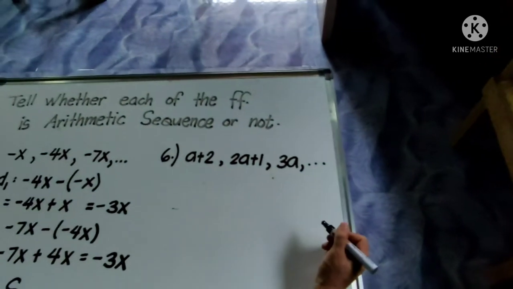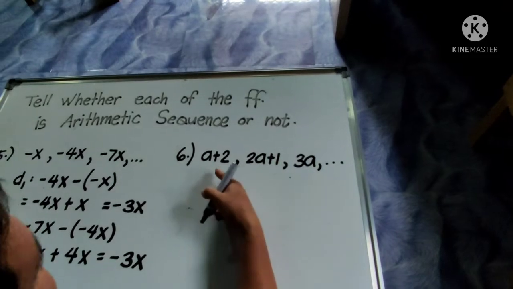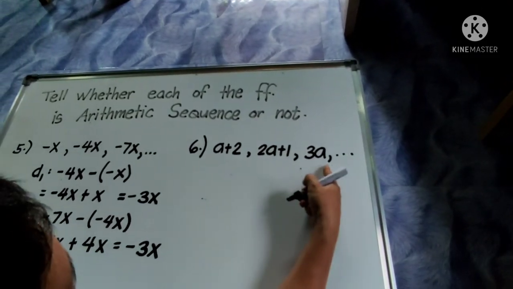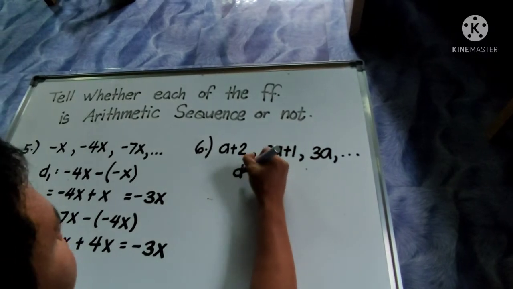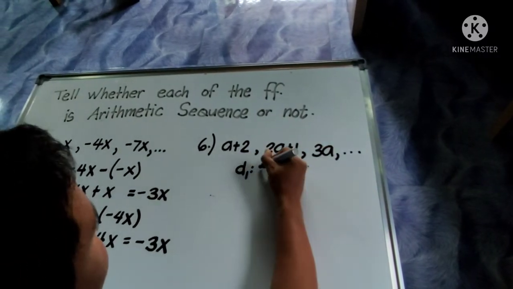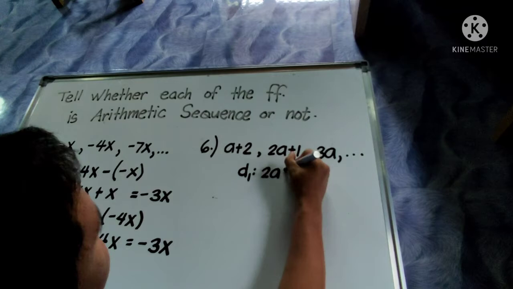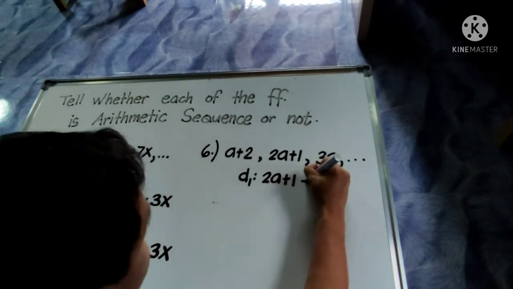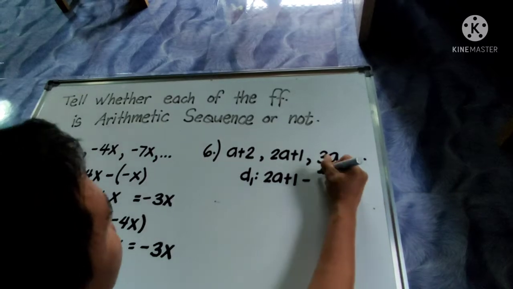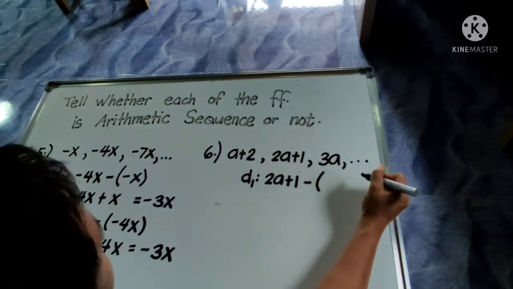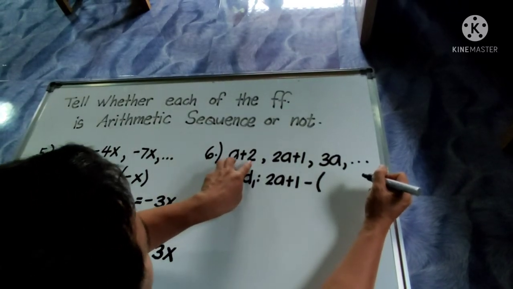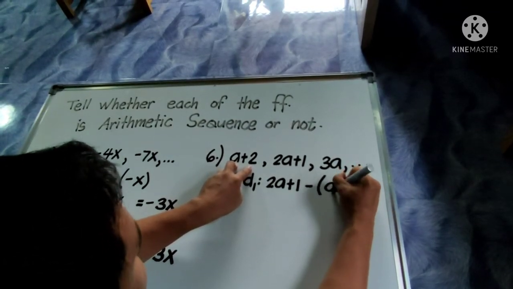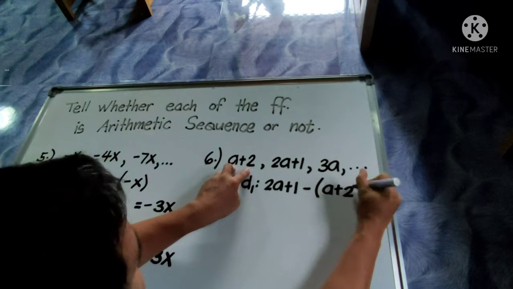Now let's proceed to the sixth example. The given is a plus 2, 2a plus 1, and 3a. So get your first difference. You will have 2a plus 1, copy the present term, minus, enclosed in parentheses again because the given term is a binomial, a plus 2.